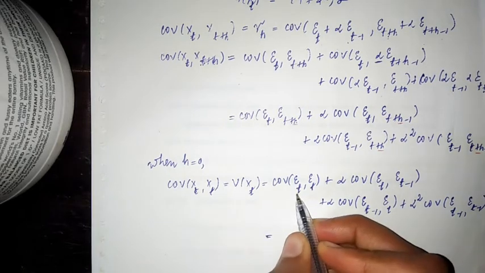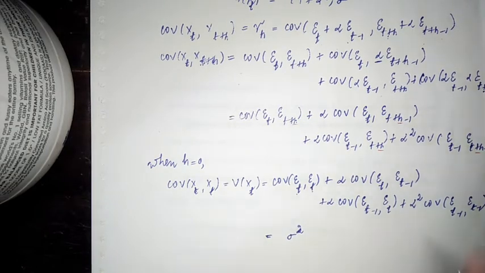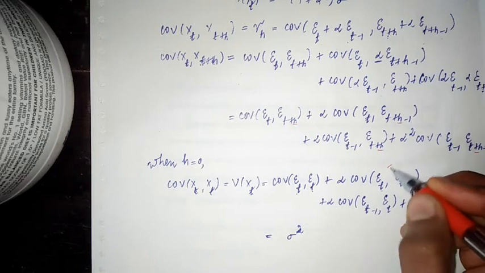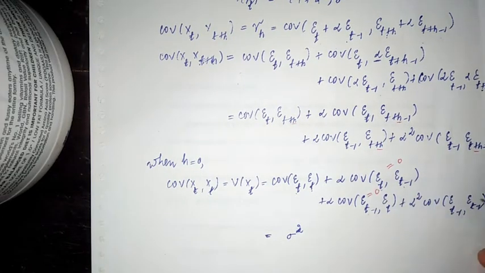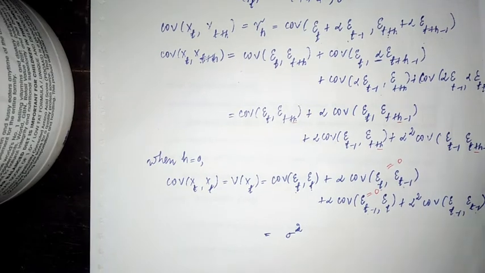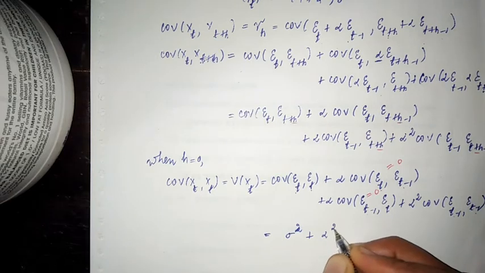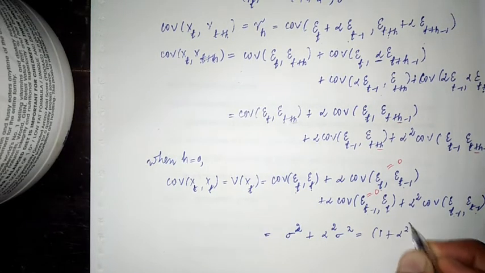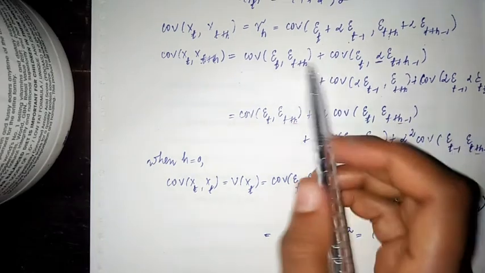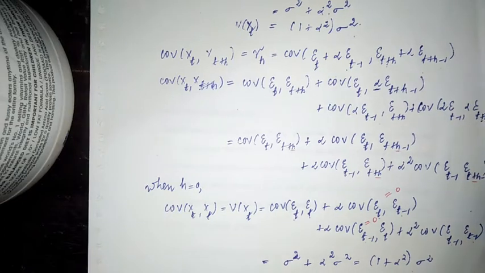What is the covariance between epsilon_t and epsilon_t? It is sigma square. Where i is not equal to j, the covariance is 0. Where i is equal to j, the covariance is the variance. So I have alpha square sigma square. That is (1 plus alpha square) sigma square, the same as the variance, so the variance expression is the same.